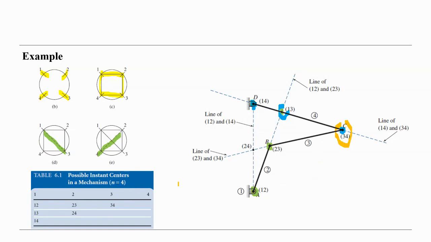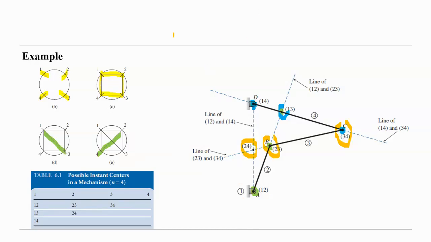And 3,2. 3,2 is here. And 2,4. So 4,3, 3,2, 2,4: 2,4 is somewhere here, also on the same line, you see.